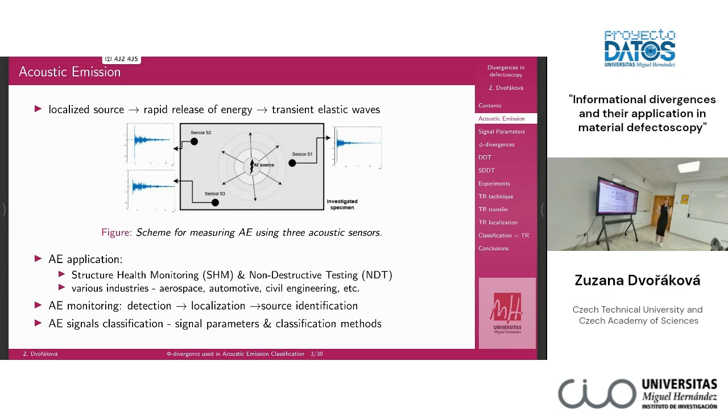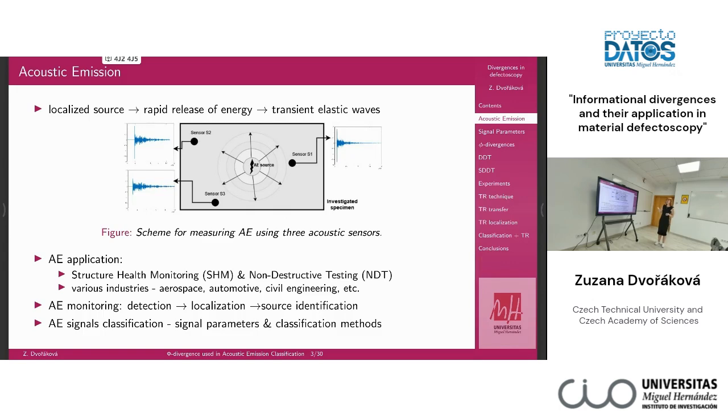When the material is under loading, the crack starts to grow, and there is a rapid release of energy in the material, and we can observe transient elastic waves in the material. If we put some acoustic emission sensors on the material, we can measure these waves as acoustic emission signals.